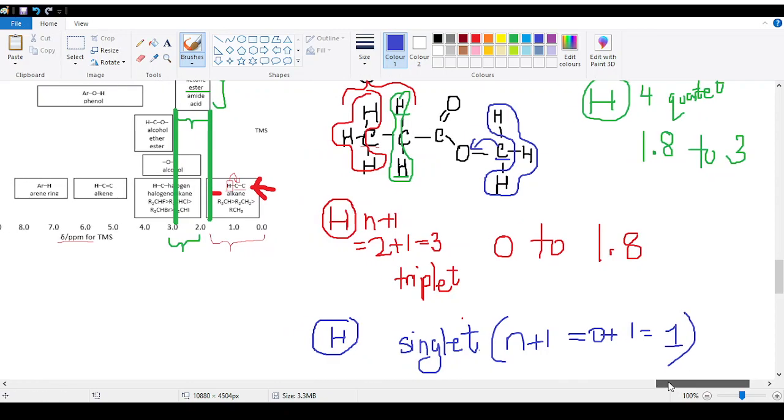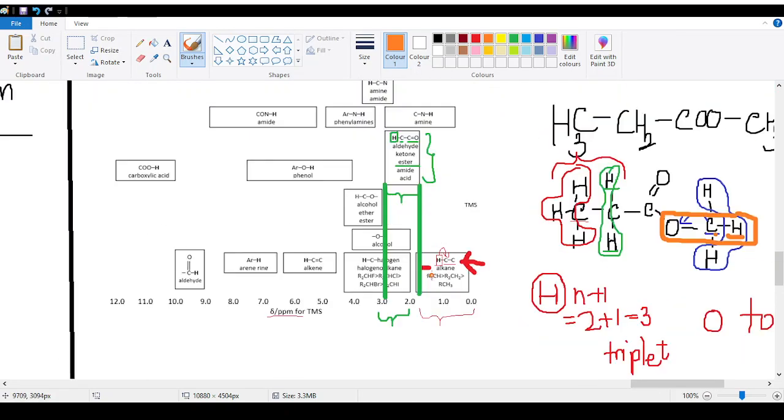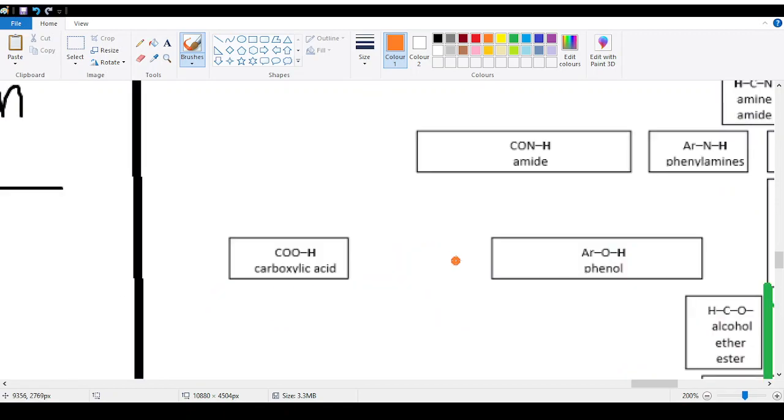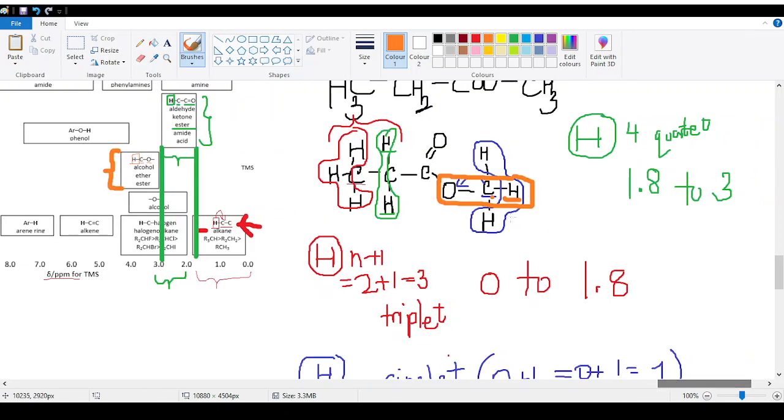And if I want to figure out the chemical shift values from this graph, the part we'll be focusing on is this part. Our hydrogen is joined with a carbon which is joined with oxygen. Do you see this here? Your hydrogen is joined with a carbon, which is joined with an oxygen. Isn't that similar to the state here?